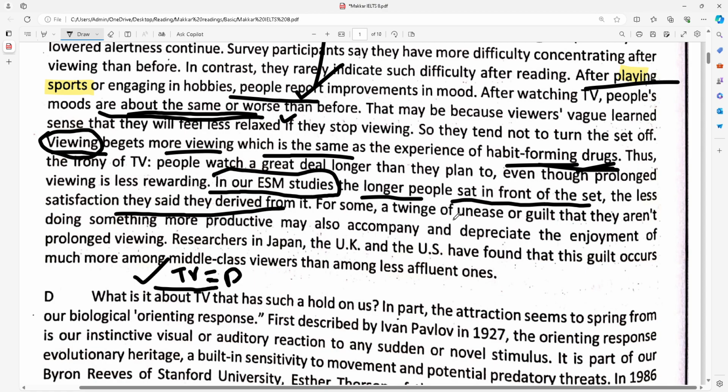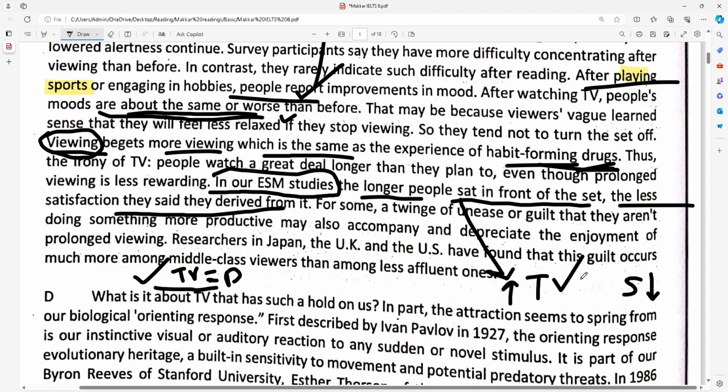So here they are also talking about proportion. They're saying that as people spent more time watching TV, their satisfaction was less. It was the lesser. That means they got less satisfaction.